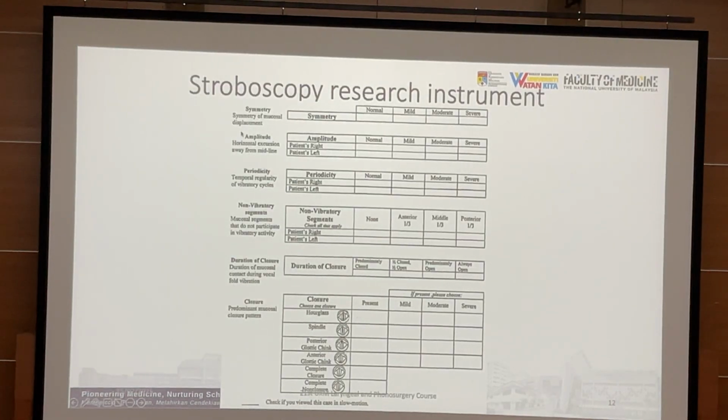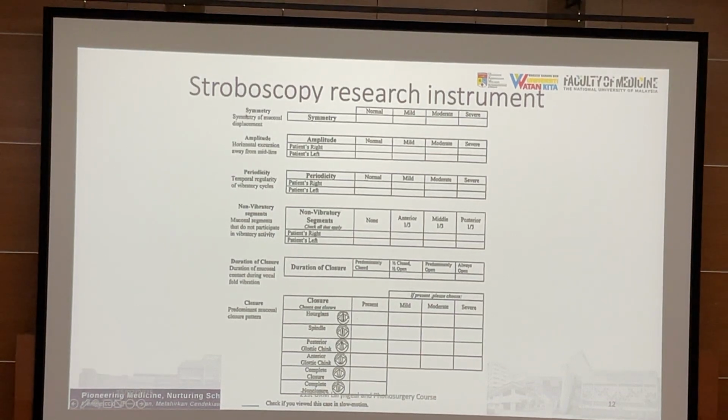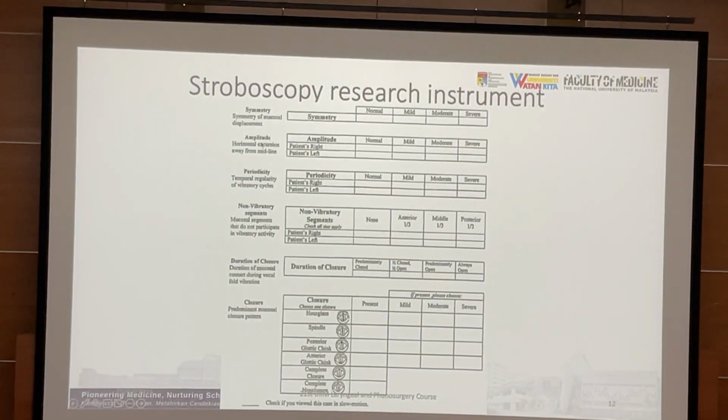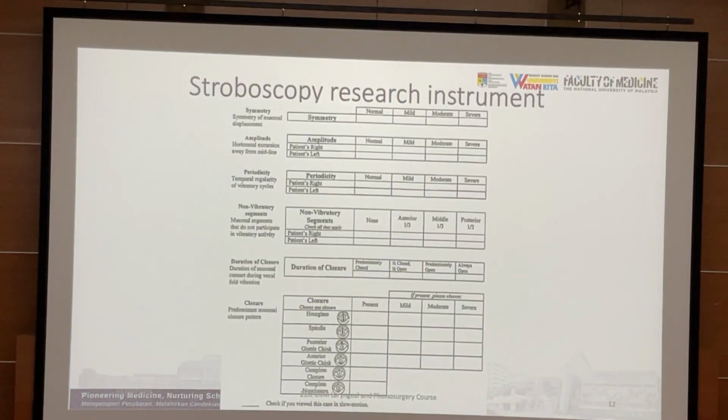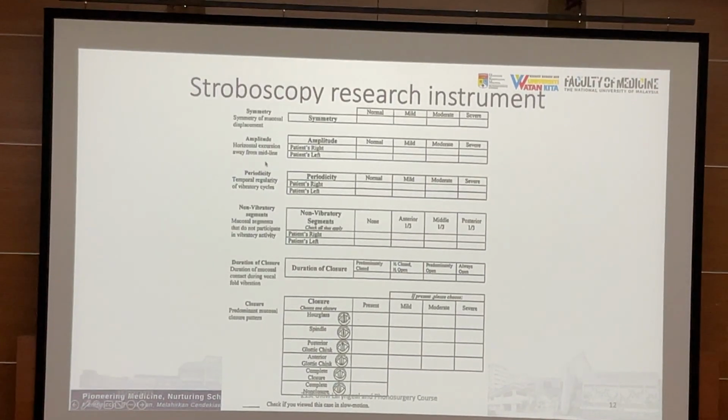So in the SRI, when you see the mucosal wave, you see whether it is symmetrical or not. Then we talk about what is symmetry. And next, you look at the amplitude: how far the mucosal wave goes laterally, the excursion of the mucosal wave. Then you look at the periodicity. Is it regular?